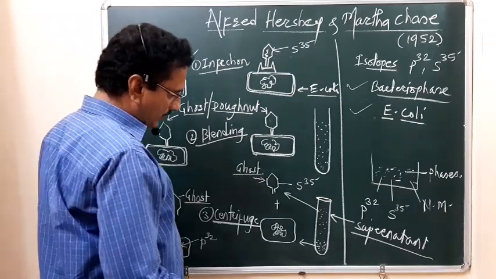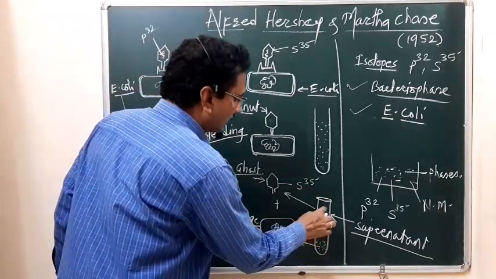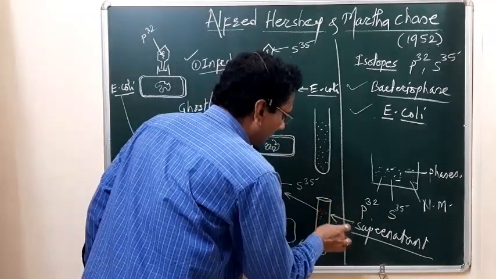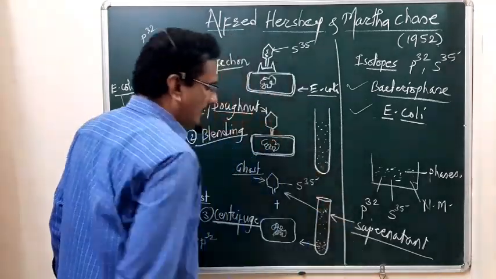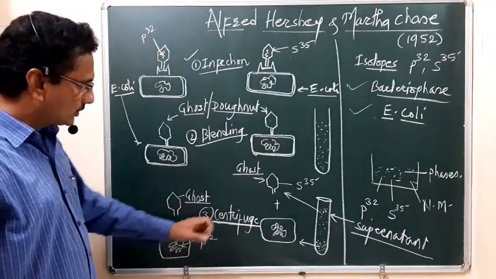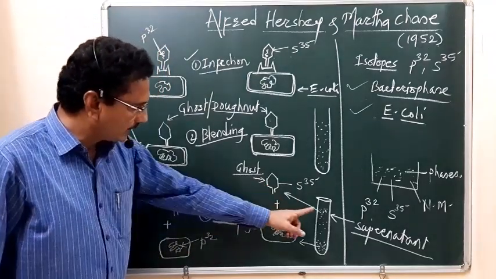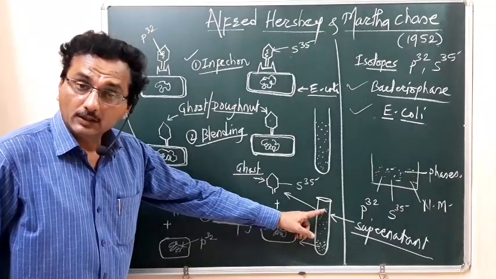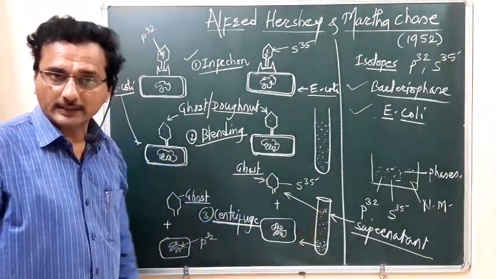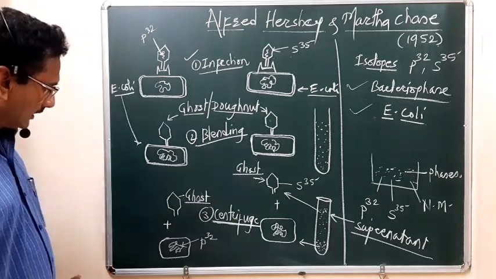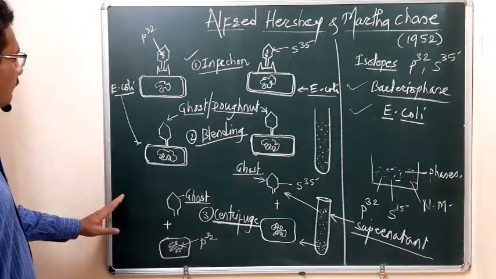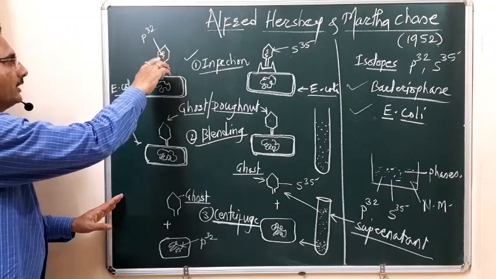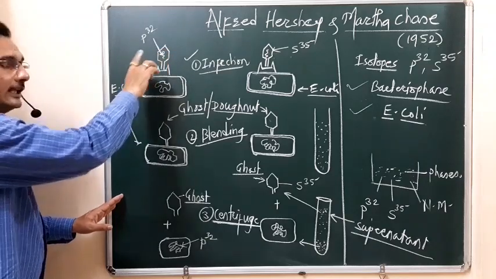So the radioactivity is detected in the supernatant, because all the protein coats float in the supernatant.